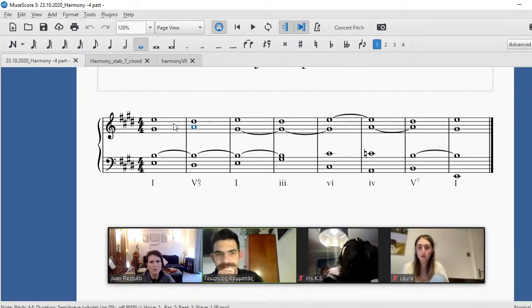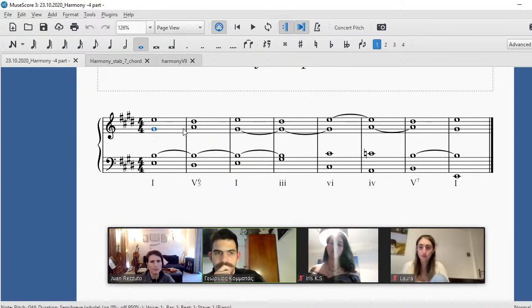So, seventh not prepared, that's fine. And then two leading notes, thus creating two consecutive E and E, D and D, E and E here. So that's not good.